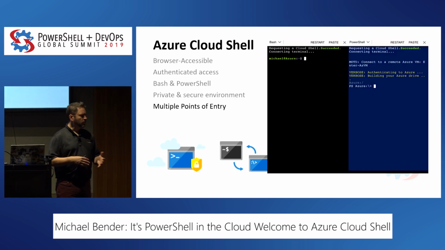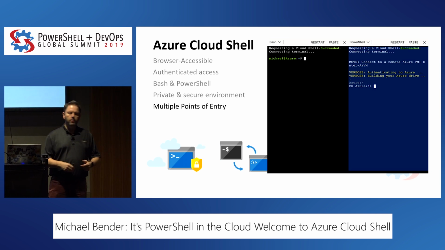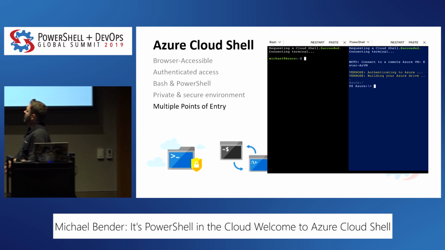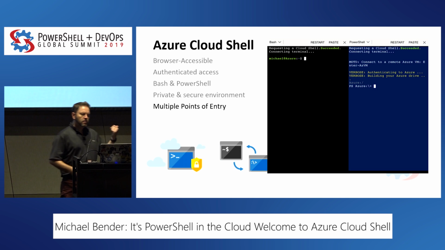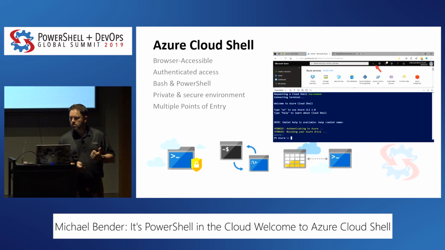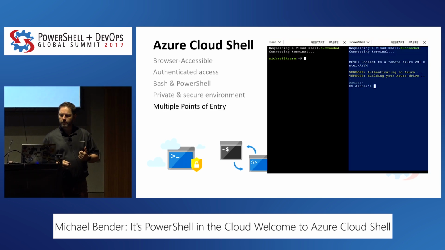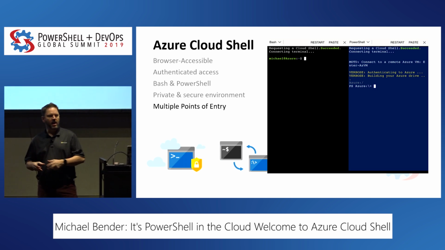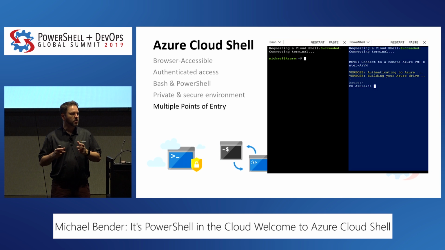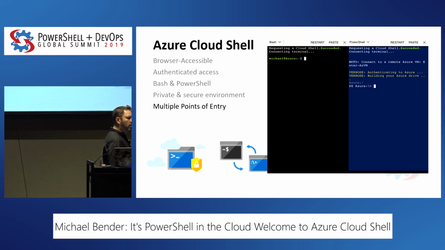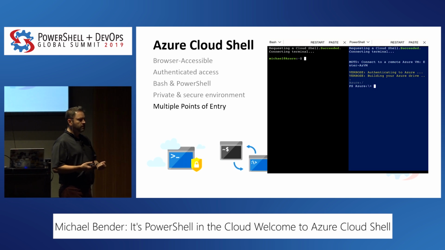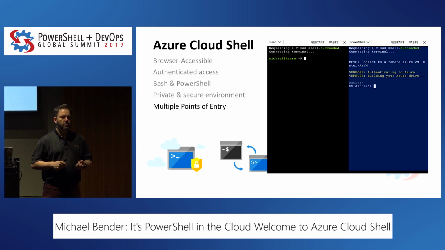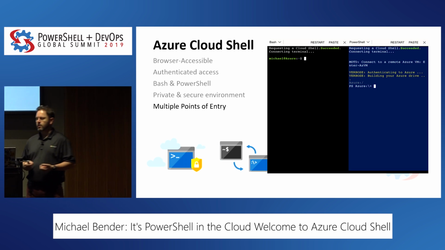We also have multiple points of entry for you to get into Cloud Shell. So that's up in the app. If you have the Azure app on iOS or Android, you can go right in. Once you have it set up and securely authenticated into your tenant and subscriptions, you can simply click on Cloud Shell and it brings up a browser on your phone.